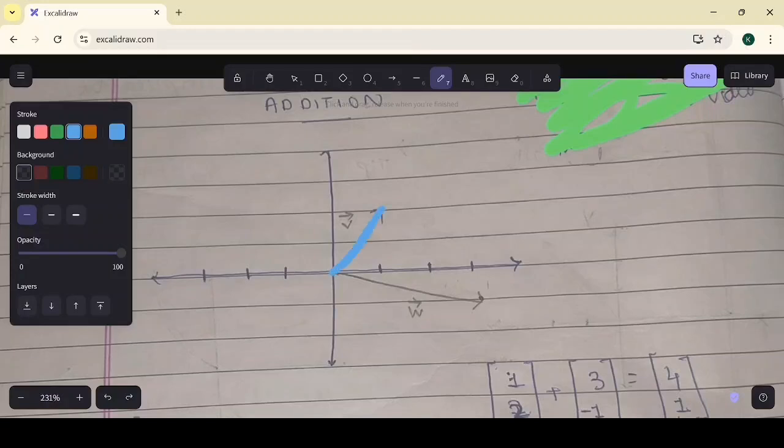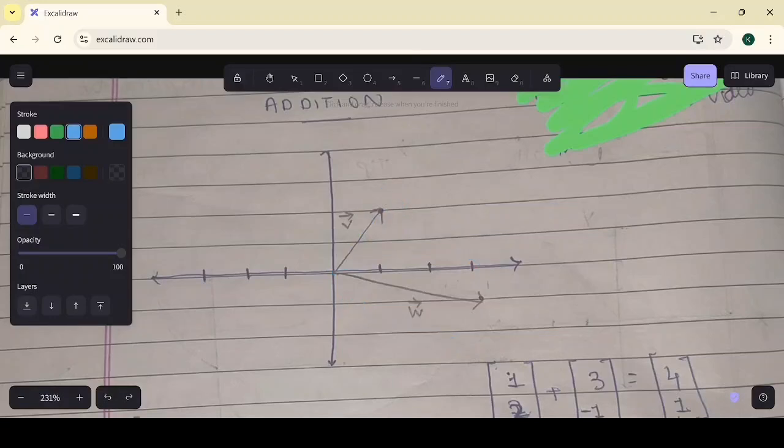First, I'll move in the direction of v, and then I'll move in the direction in which w is pointing, and I stop at this point. So I'll continue my journey from this point in the direction where the w vector is pointing, right? This is exactly what vector addition is.